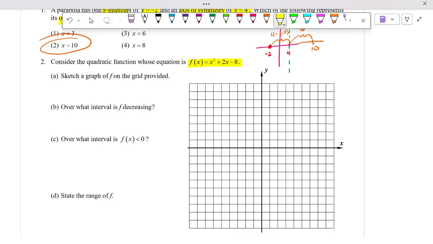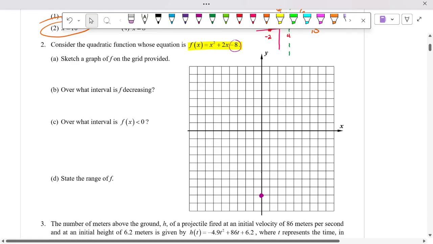First off, just given that form, what form is that? It's standard. So what value can I automatically get? Y-intercept, which is what? -8. So if I come down here, 1, 2, 3, 4, 5, 6, 7, 8, here's my y-intercept.